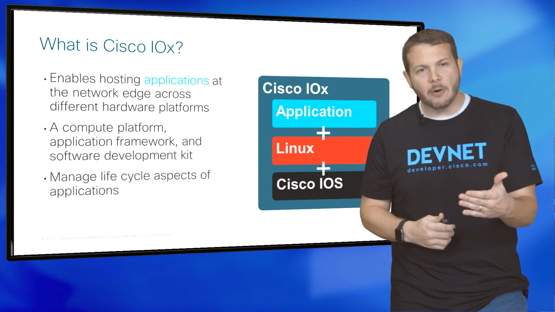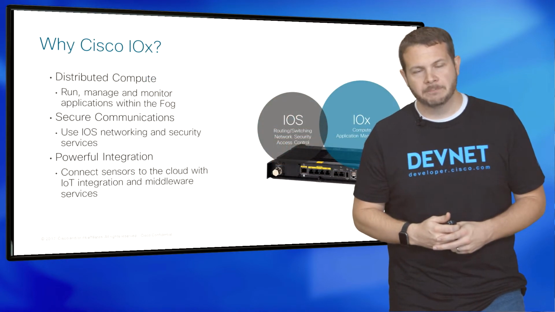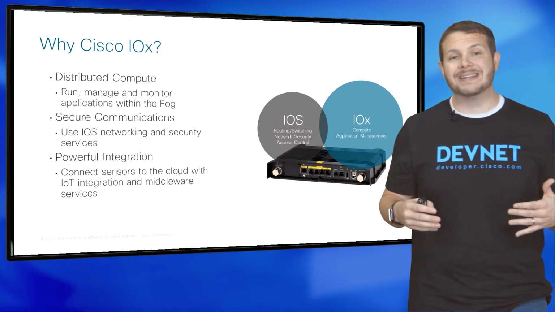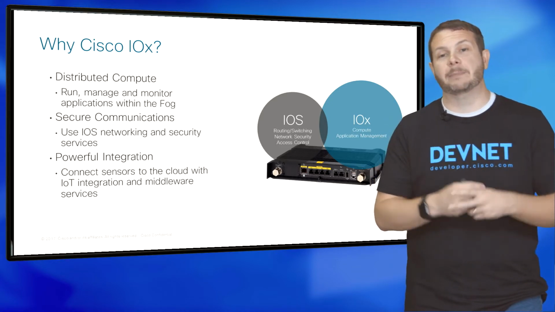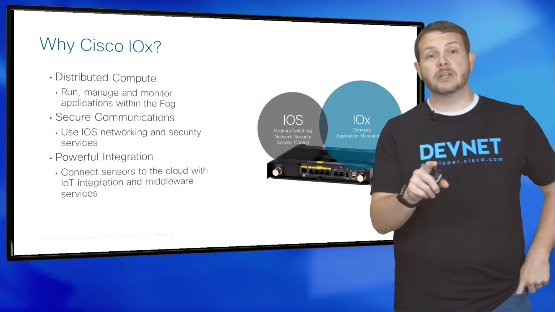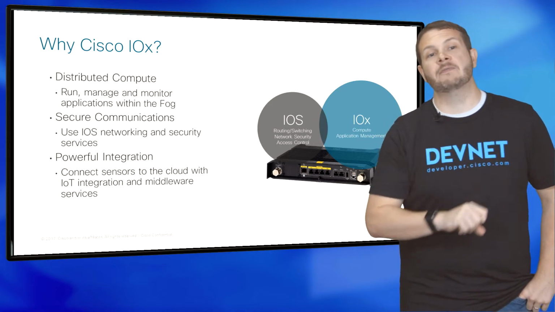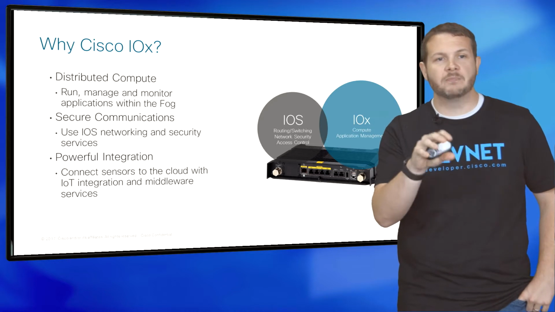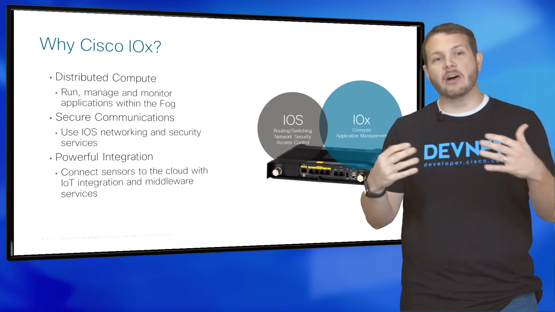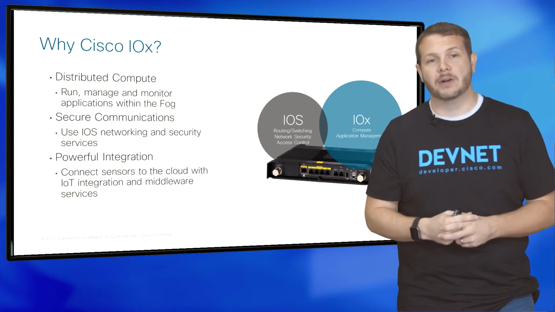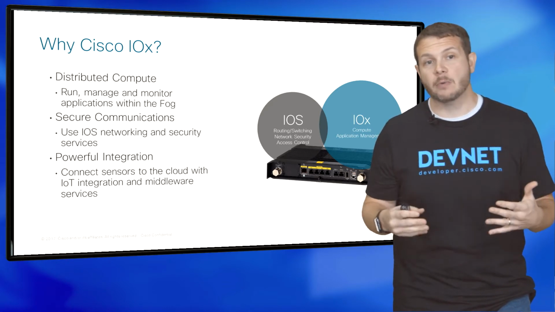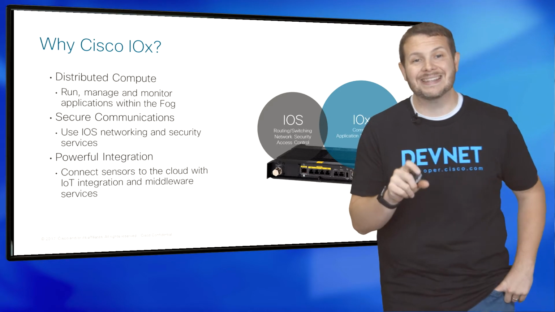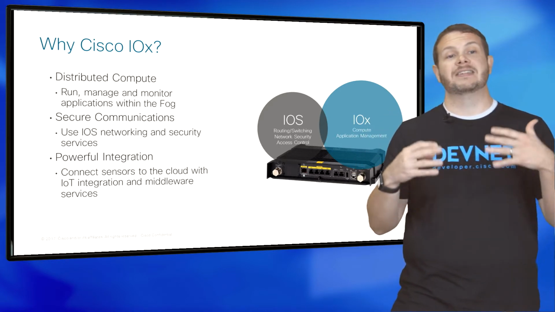So why IOX versus other alternatives? Well, IOX builds on a distributed compute environment that already exists so that you can build FOG applications. And that distributed compute environment is the network infrastructure. We already have CPU, RAM, storage capabilities at all of our locations inside of the network. And for a long time now, our network devices, routers, switches, and others, have had more capacity than necessary for simply processing the network.